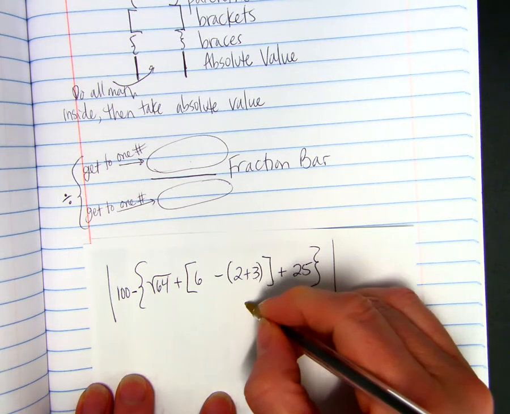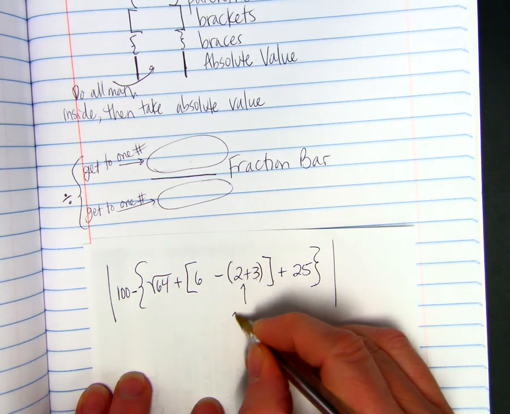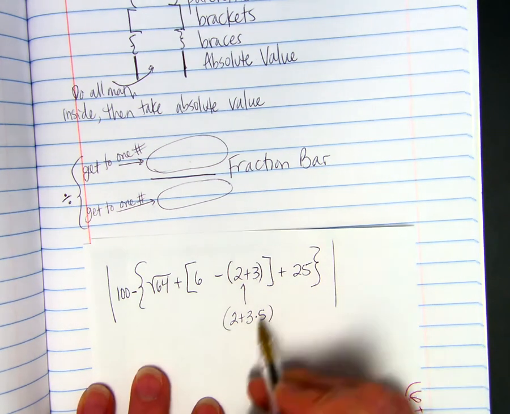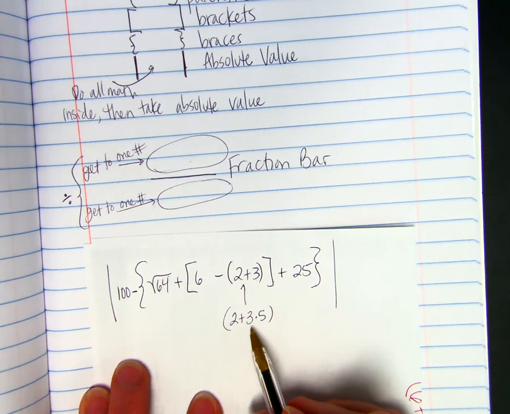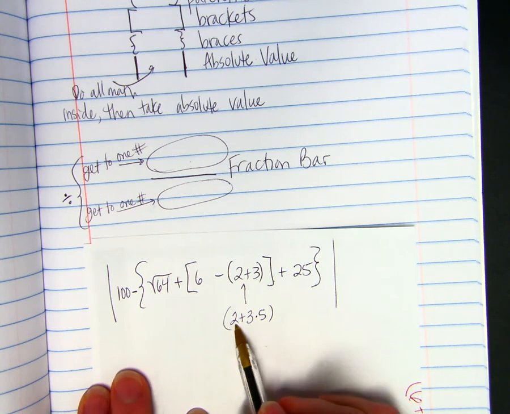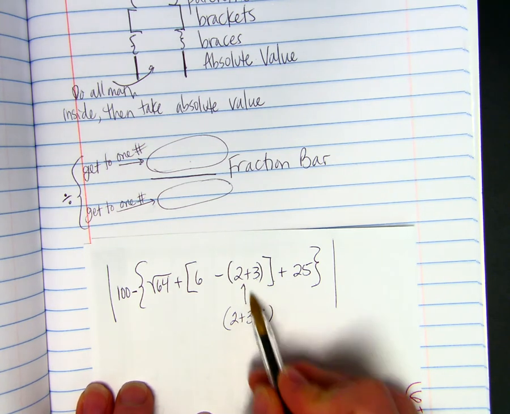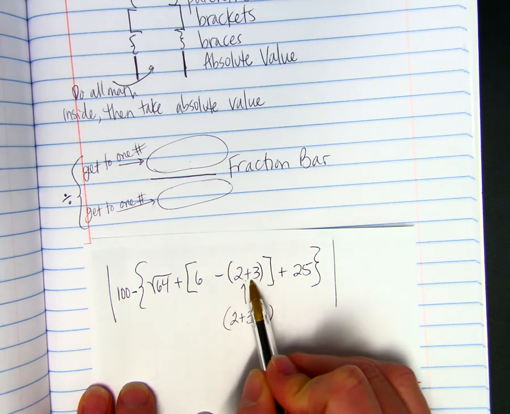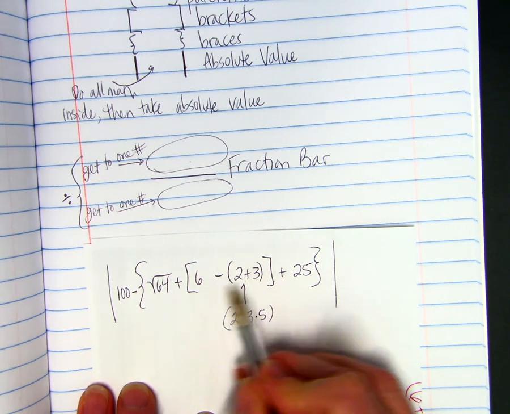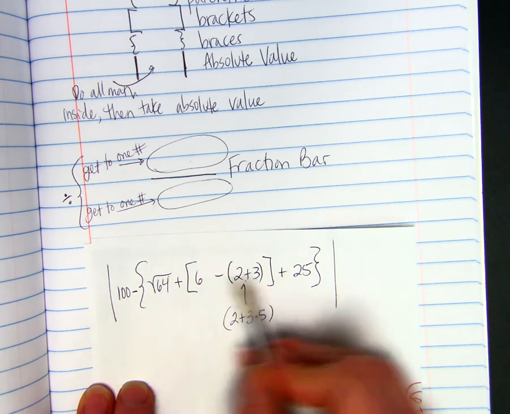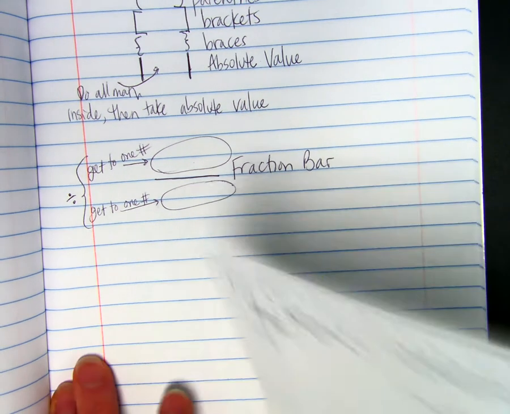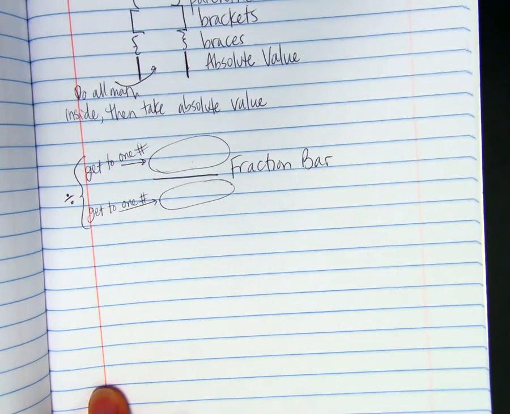So if in here was not 2 plus 3, but was 2 plus 3 times 5, you still have to do order of operations. You got to times first, then add, and then you have a 17 there, and then you do 6 minus that, and then when you get your answer there, then you would add all those. 8.